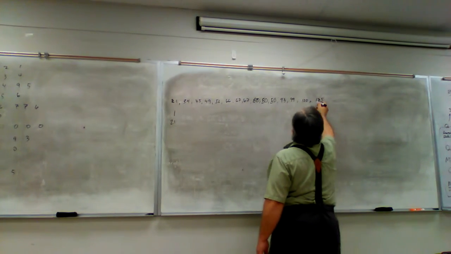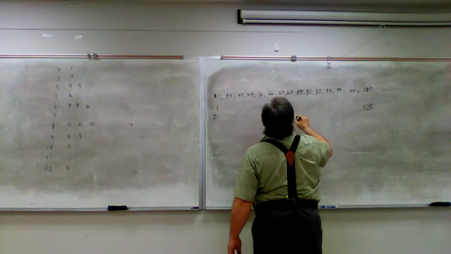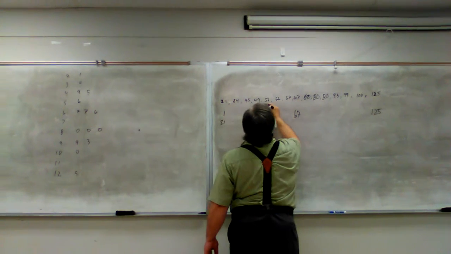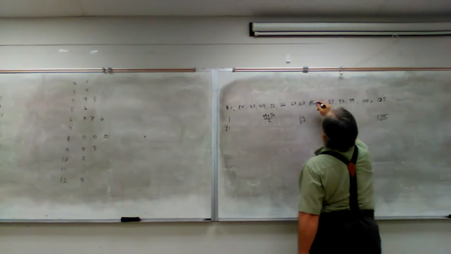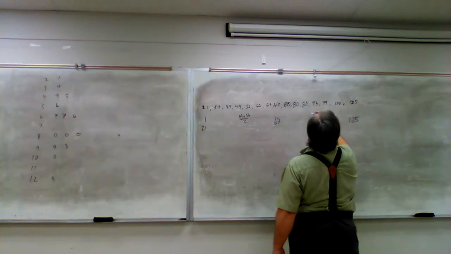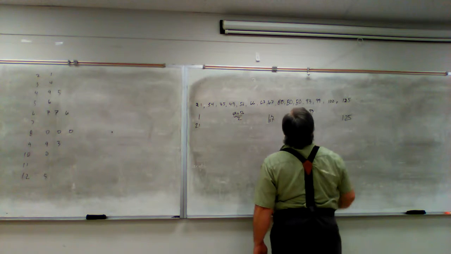So we got 21, 125, 67, 49 plus 56 over 2, and 80 plus 93 over 2.